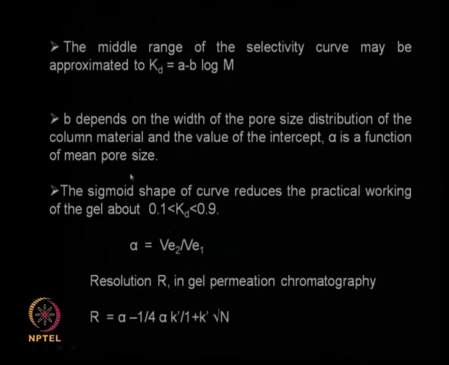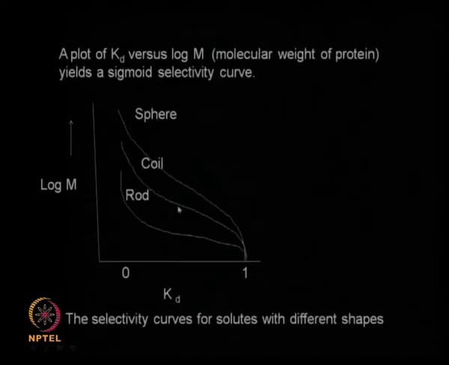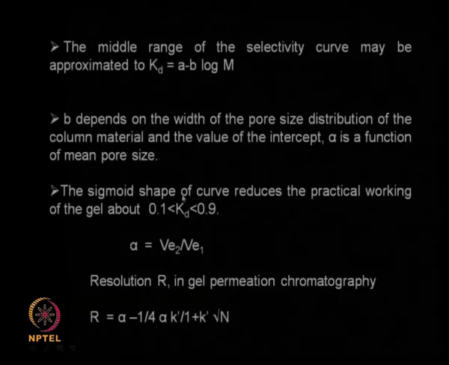Because of the shape of this curve, generally we like to operate only within this region, because only within this region do you have linearity. So this is almost 0.1 to 0.9, the range at which we work. Now here alpha is equal to VE2 by VE1, okay.